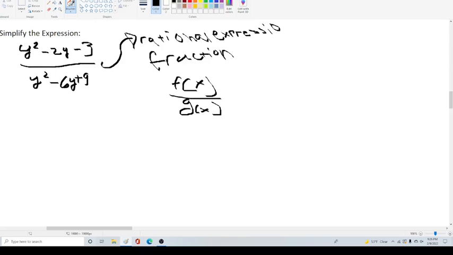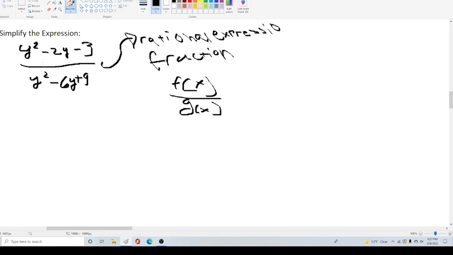Well, we notice that we have two polynomials, y squared minus 2y minus 3, and y squared minus 6y plus 9. And there's really nothing we can cancel out. The first common error that we'll see is people will try to cancel the y squareds and the y's, but you can't do that just because these are separated by additions or subtractions.